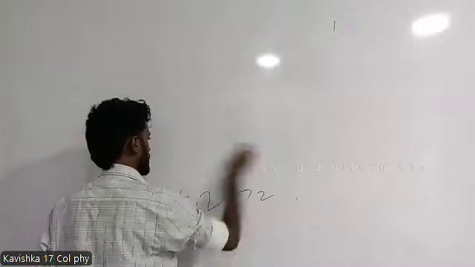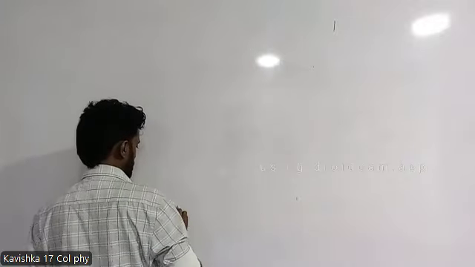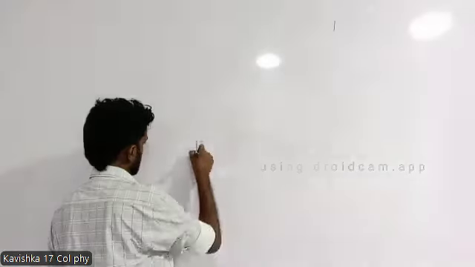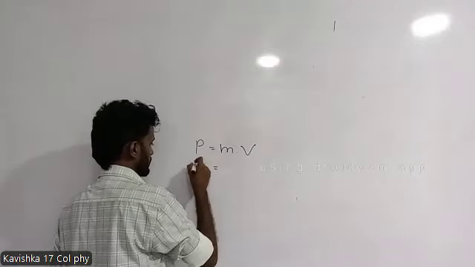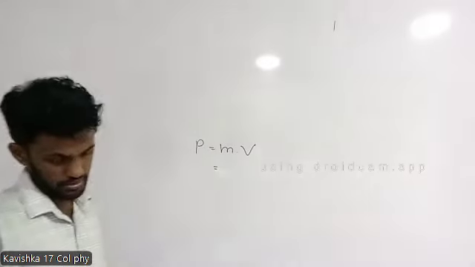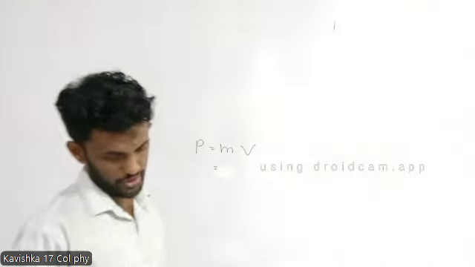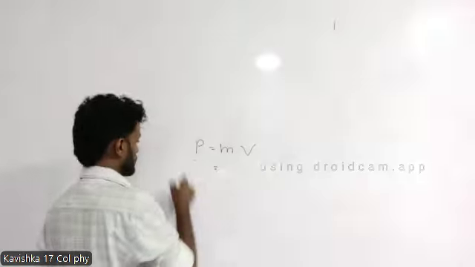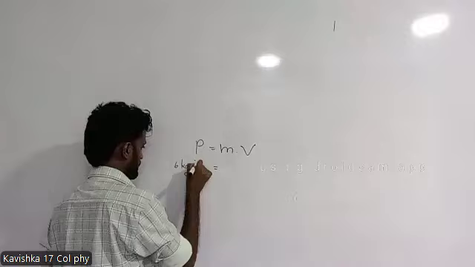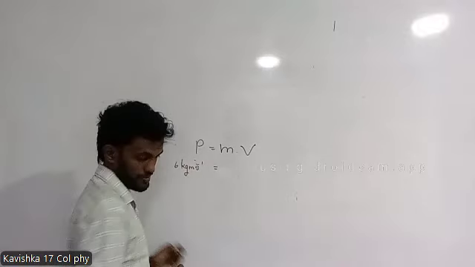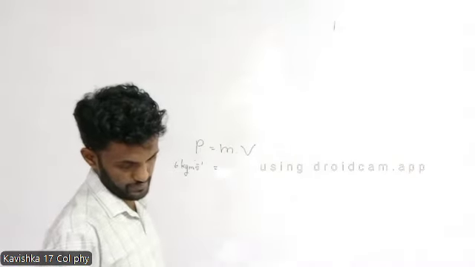So it's just simple, right? People get this same thing wrong, gram and kilogram, in my term test also. Mostly people get it wrong because of that. So here the momentum is 6 kg ms minus 1. Mass 0.5.